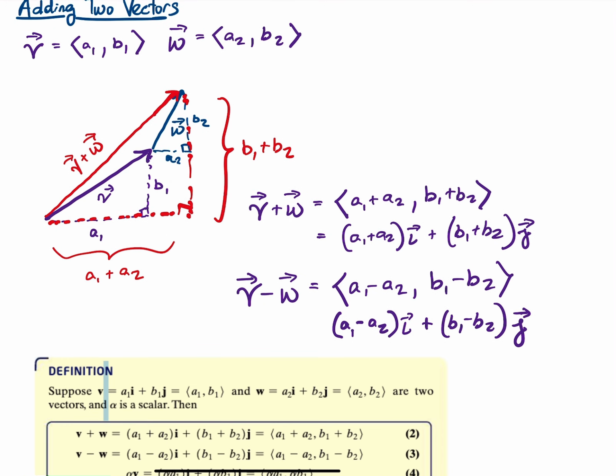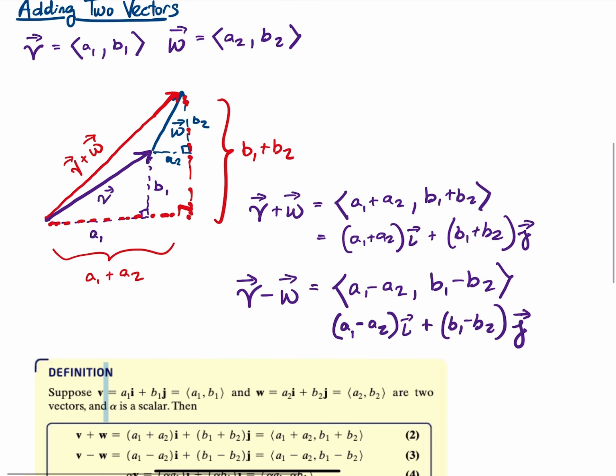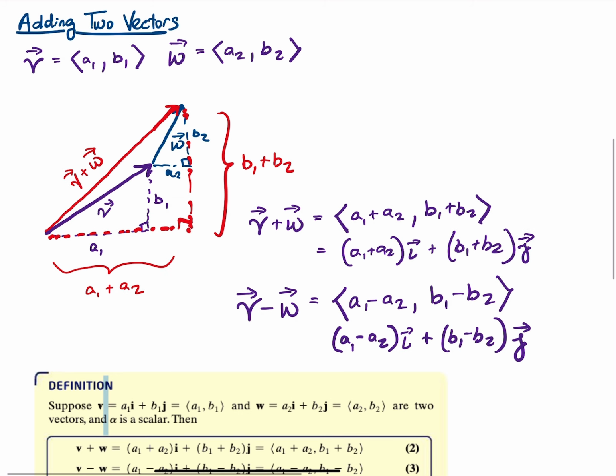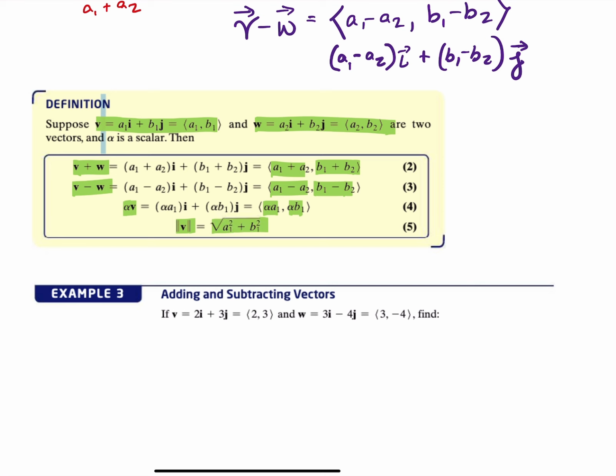So now we have some formulas for vector addition and subtraction, as well as scalar multiplication and how to find our magnitudes. That's what we have here. Given some vector v, some vector w, we have our sum of two, so we're just adding the two components. Subtraction of two vectors, subtracting the two components. Scalar multiplication is distributing that number to both components. And we saw earlier to find the magnitude, we got that from the Pythagorean theorem.